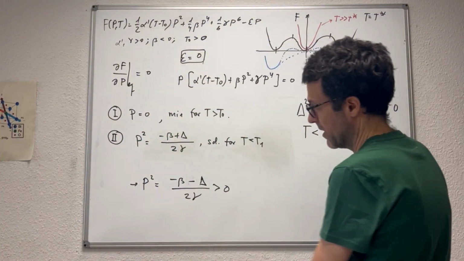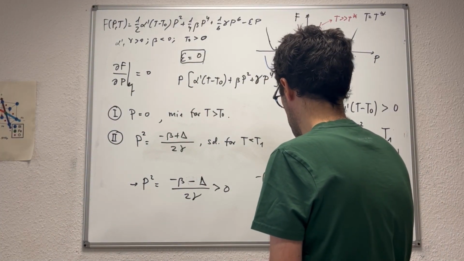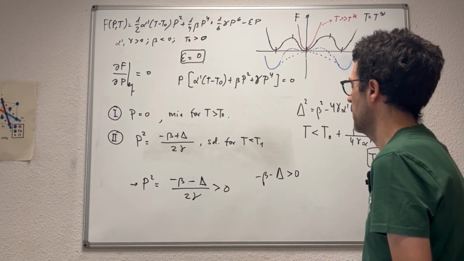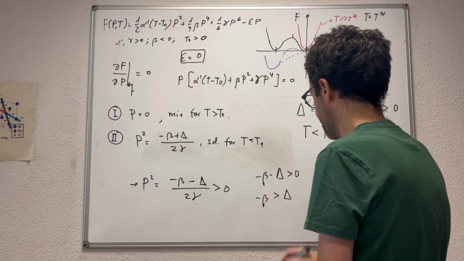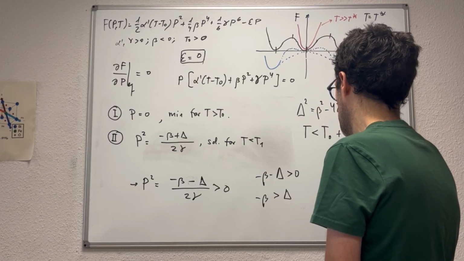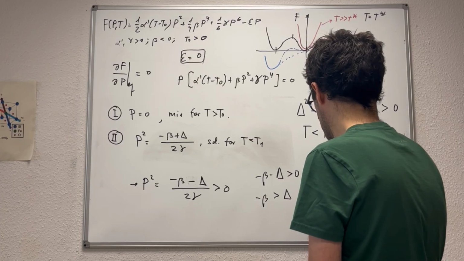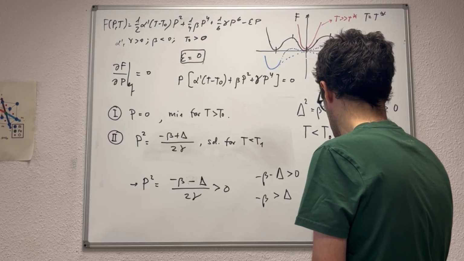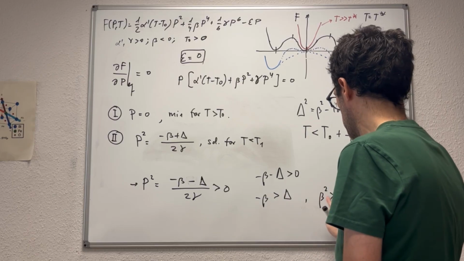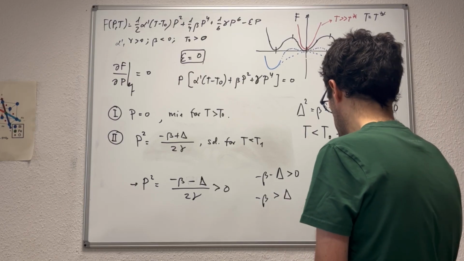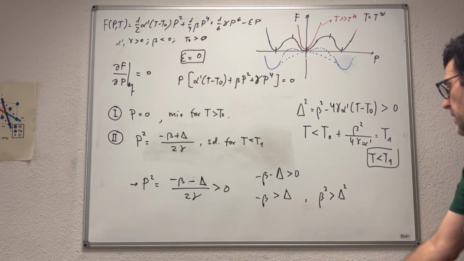So essentially, since gamma is positive, we need minus beta minus delta to be positive. So we need minus beta to be bigger than delta. And this is going to be satisfied as long as beta square is bigger than delta square. Okay? So if this is satisfied, this is satisfied. Because beta is a negative number.